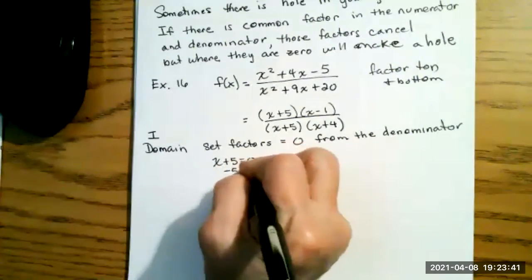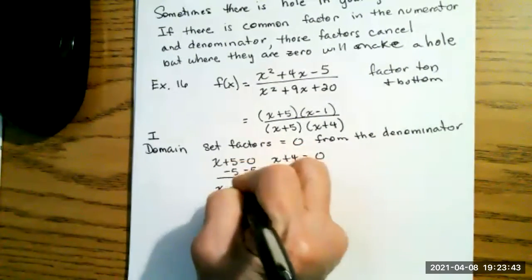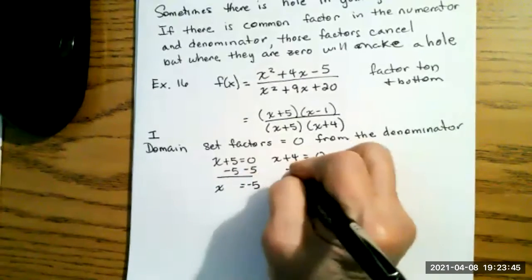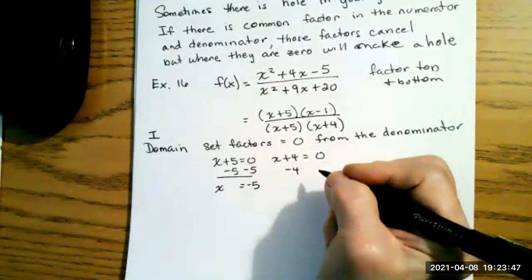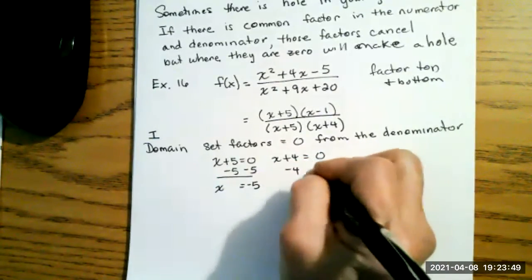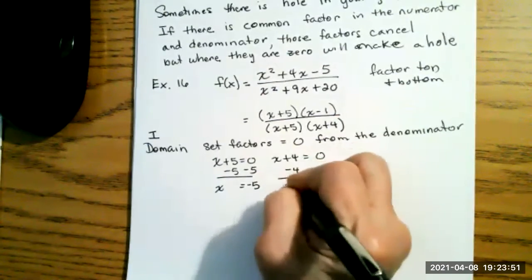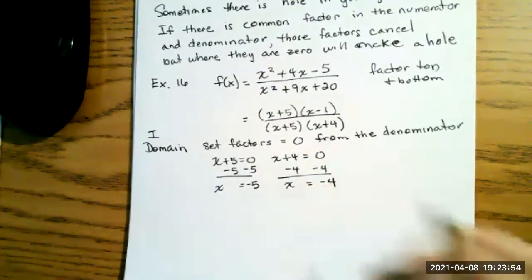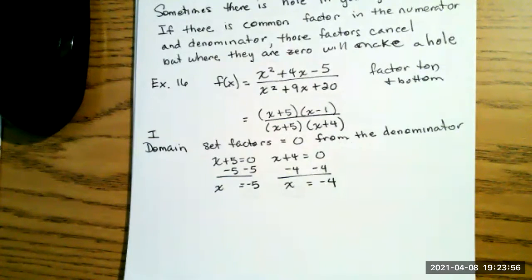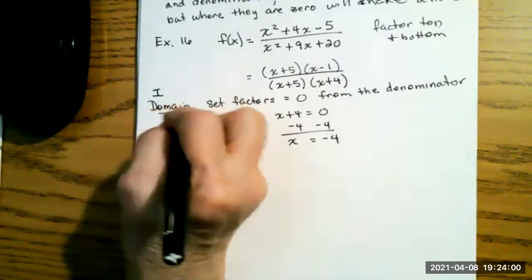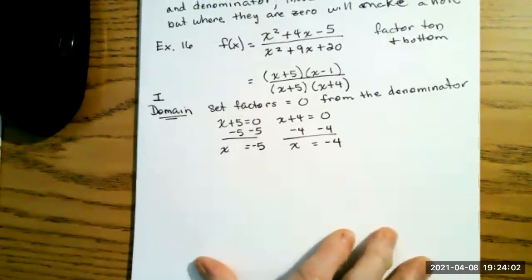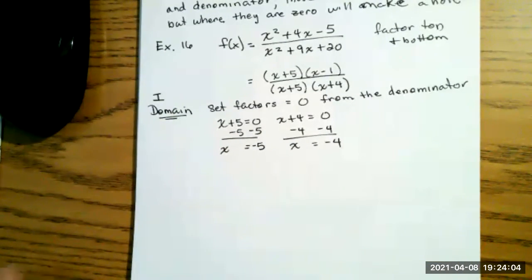Subtracting 5 gives me x equals negative 5. Subtracting 4, I have a toy talking to me over there, equals negative 4. So this is for my domain. You don't cancel those out till after you get your domain worked.